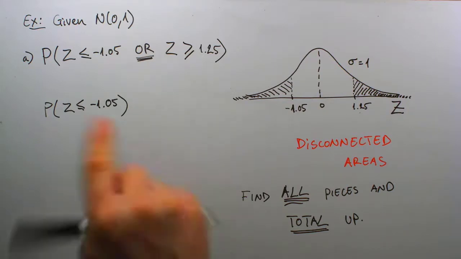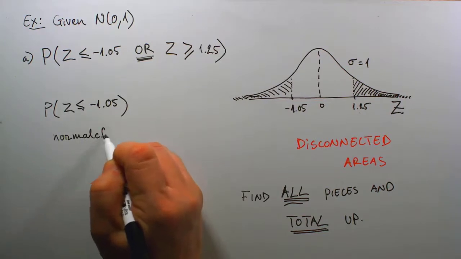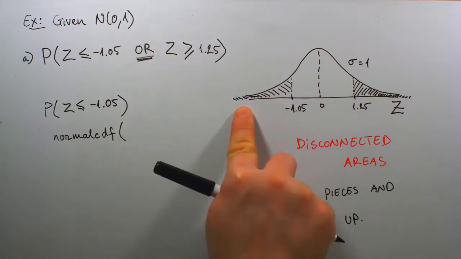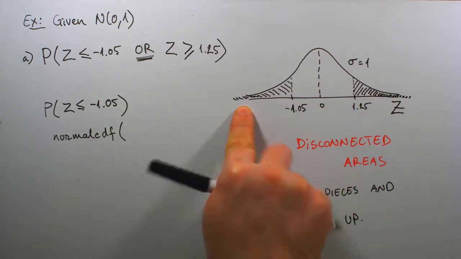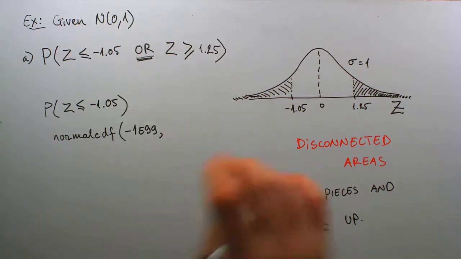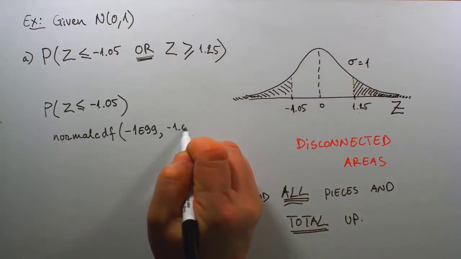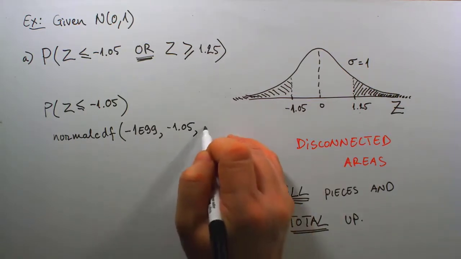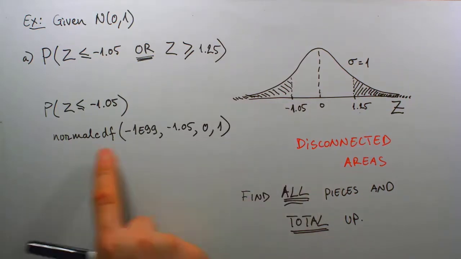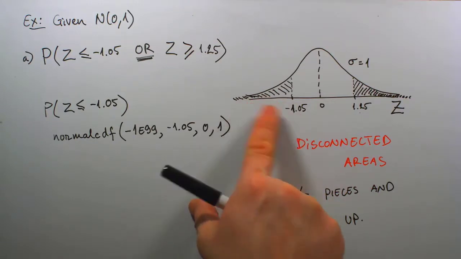Doing this is nothing but calling up the normalcdf command with an indefinite lower end, so I'm going to call that negative 1E99. The upper end for that left piece is negative 1.05. The mean of the bell curve is 0. The standard deviation is 1.